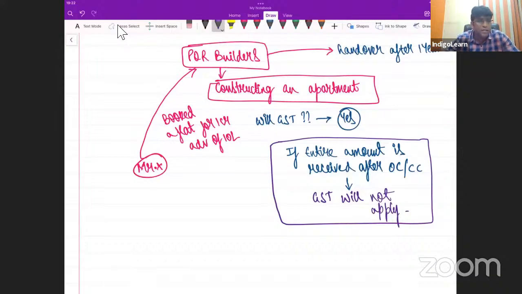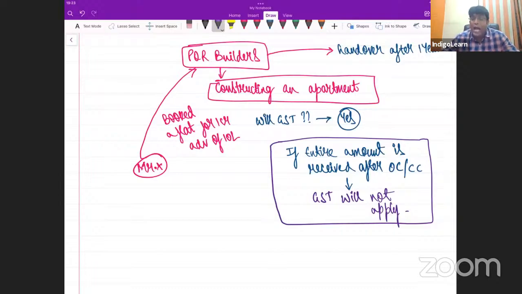Then, sir, before completion certificate, but after first occupancy, then also GST will not apply. Yes, GST will come only on first sale. So for example, if PQR sold to X and X is again selling to Y, the transaction between X and Y, GST will not come. GST will come only for transaction between PQR and X. For transaction between X and Y, GST will not come into picture.